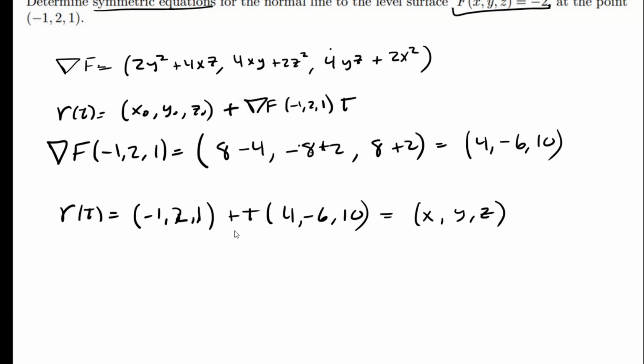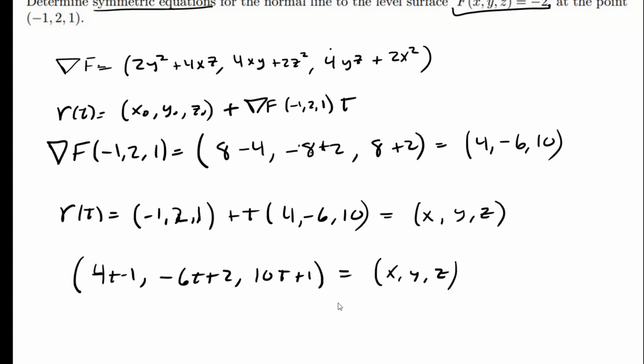And I'll simplify this a little bit. So I have 4t minus 1, -6t plus 2, and 10t plus 1 equals x, y, z.